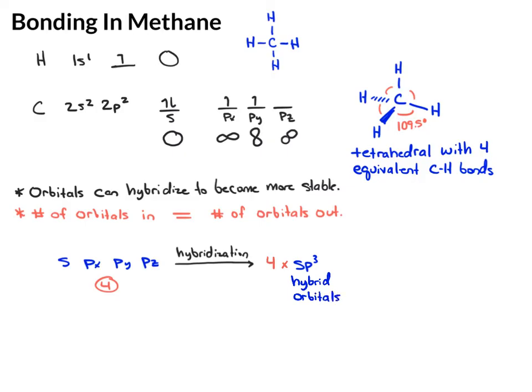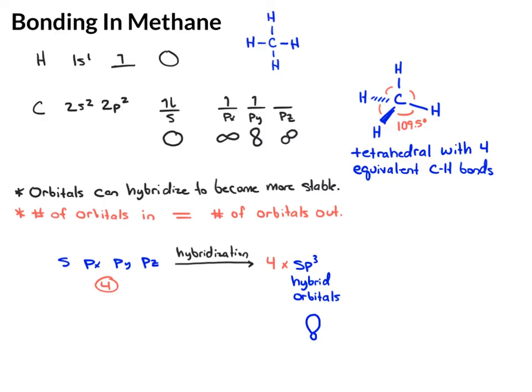And what the sp3 hybrid orbitals look like, they're kind of large on one side and have a small lobe on the other side. So you can almost think of an s orbital kind of mixing in with one side of the p orbital.